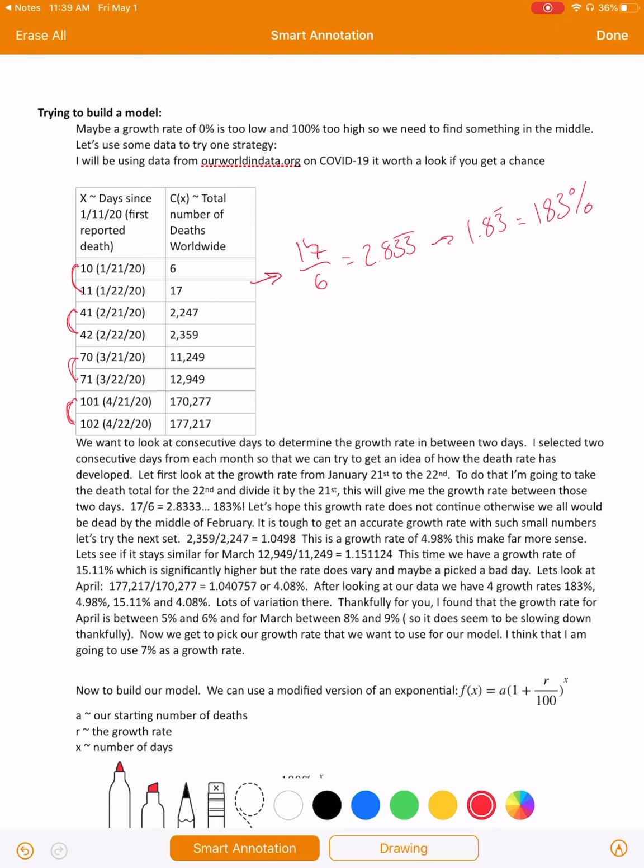Okay, so January 21st and 22nd, the growth rate was 183%. I can do the same thing for February 21st and 22nd, and we compute that and we get a growth rate of 4.98%, right? If you just look at these two numbers, it looks like the growth rate went down 179%, 178%. That's awesome. We did really well.